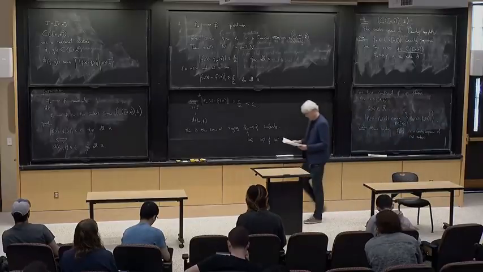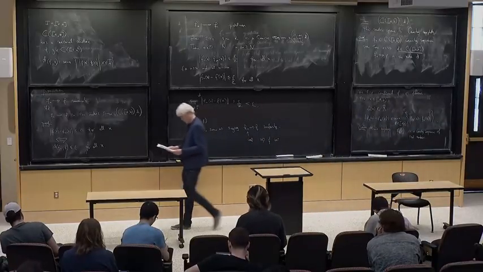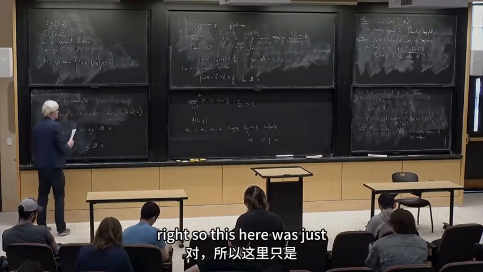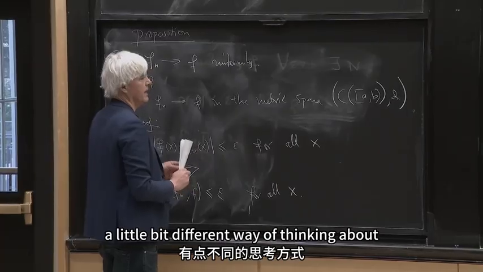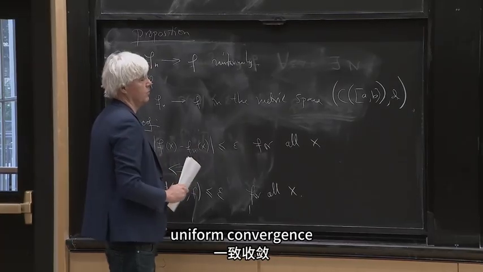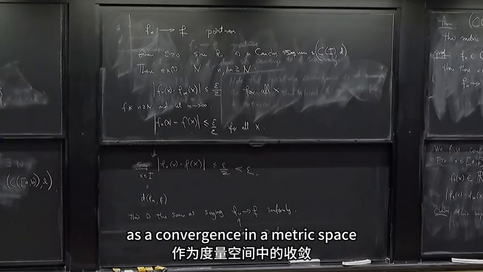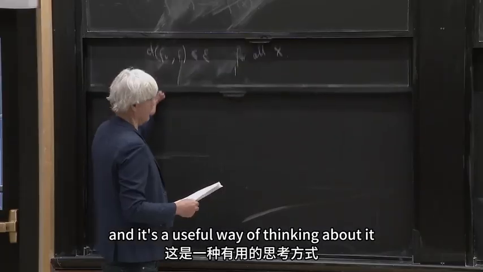Okay. This was just a little bit different way of thinking about uniform convergence, more abstractly as a convergence in a metric space. And it's a useful way of thinking about it.